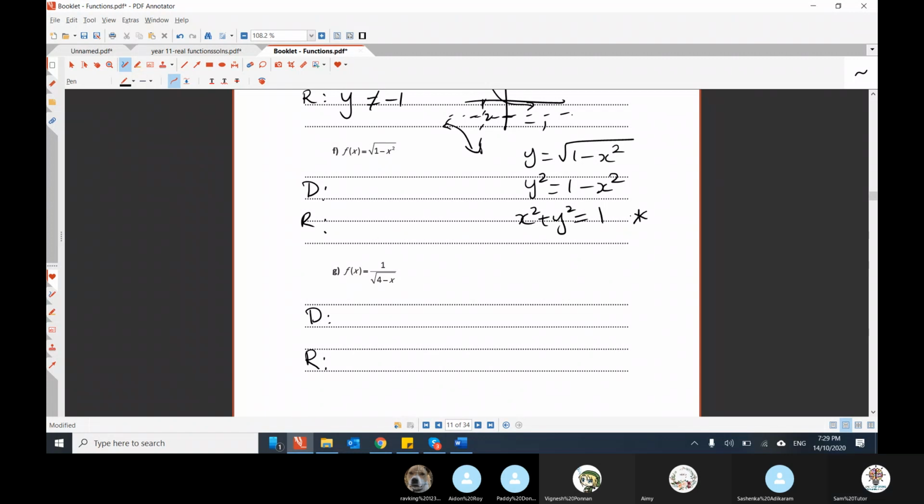What is that? Just a circle. So this is a semicircle. If it's a circle, the domain is going to be -1 to 1. But you should be able to see that from here because you can't square root negative numbers. They can't be 2 or 3 or 4 because 1 take away 3 is going to give you a negative number. So it's all the numbers between -1 and 1. Your range, you know it's a surd, so y must be greater than or equal to 0.